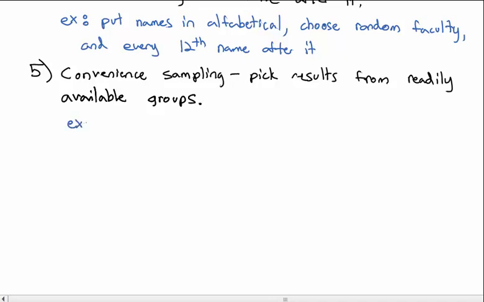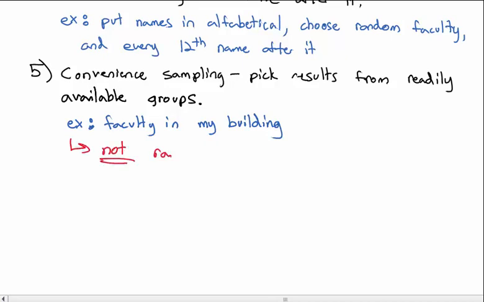So, for example, if I'm doing a statistical study on faculty members, I decide to pick the faculty in my building, because they're close by. I can get to them quickly, I see them often, I can get data from them. So for convenience, I'm going to pick the faculty in my building, but what's important to note is this is not random.